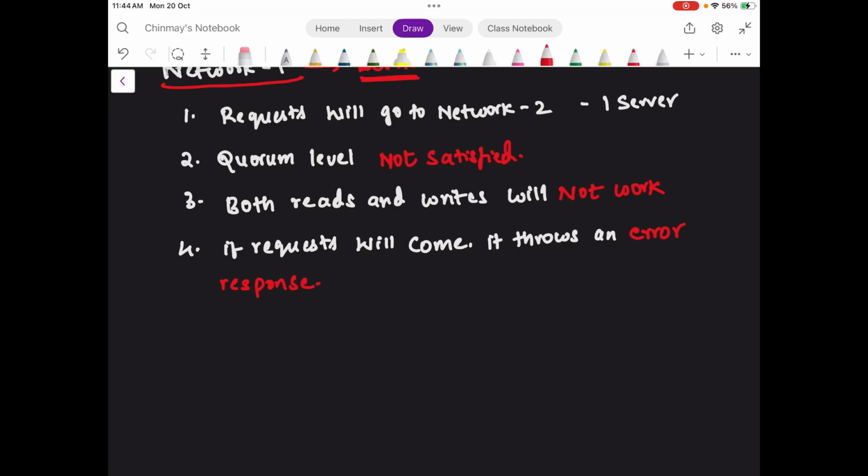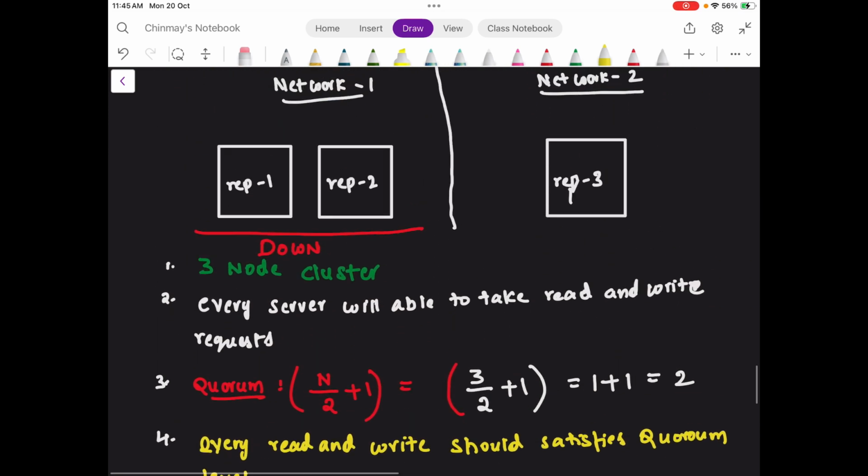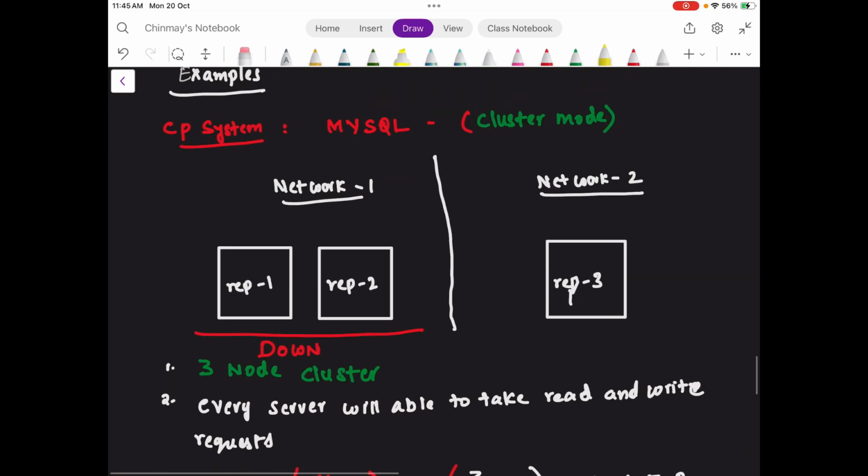That means what is compromised here? Availability is compromised, completely. Write requests will not work and read requests will not work.